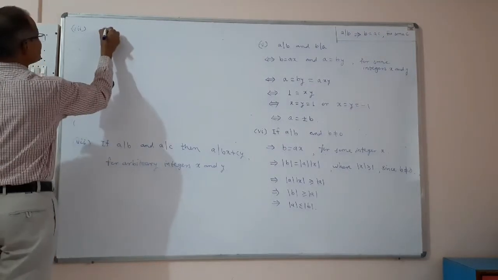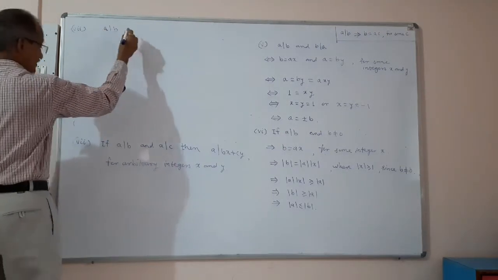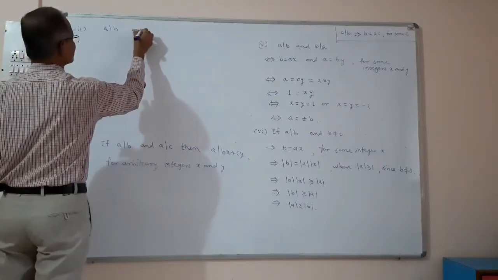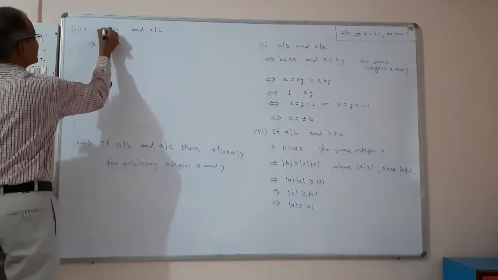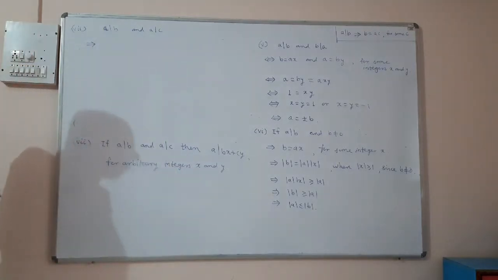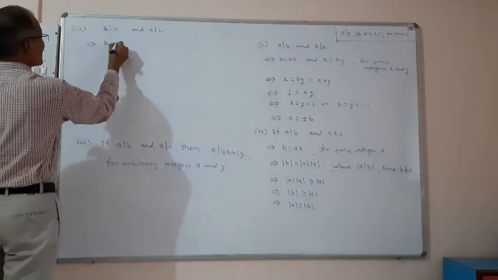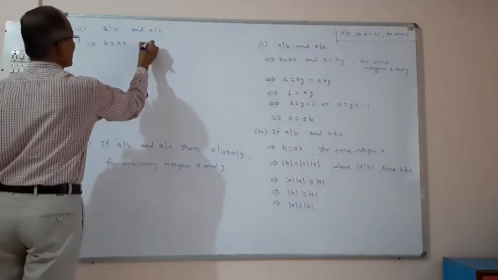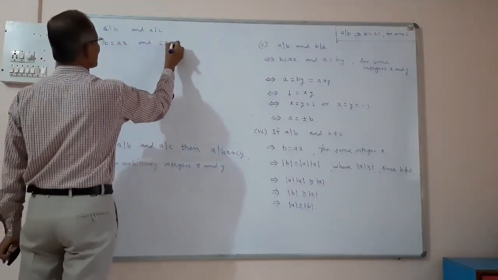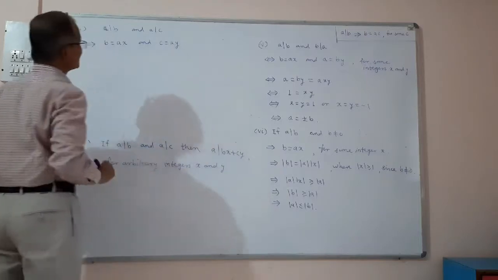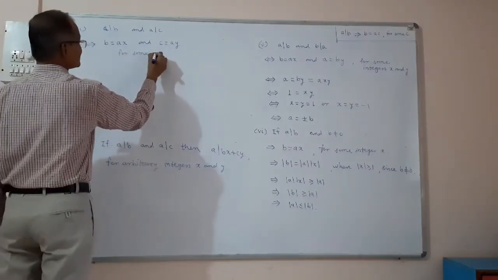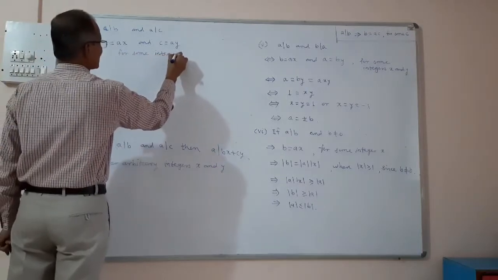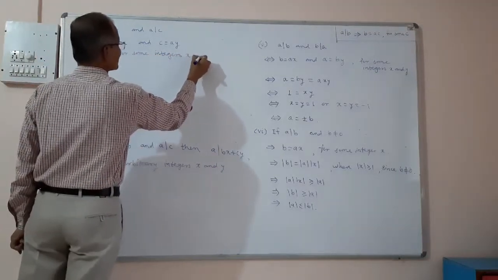A divides b and a divides c. So apply the definition of divisibility. A divides b means b is equal to a into x and c is equal to a into y for some integers x and y.